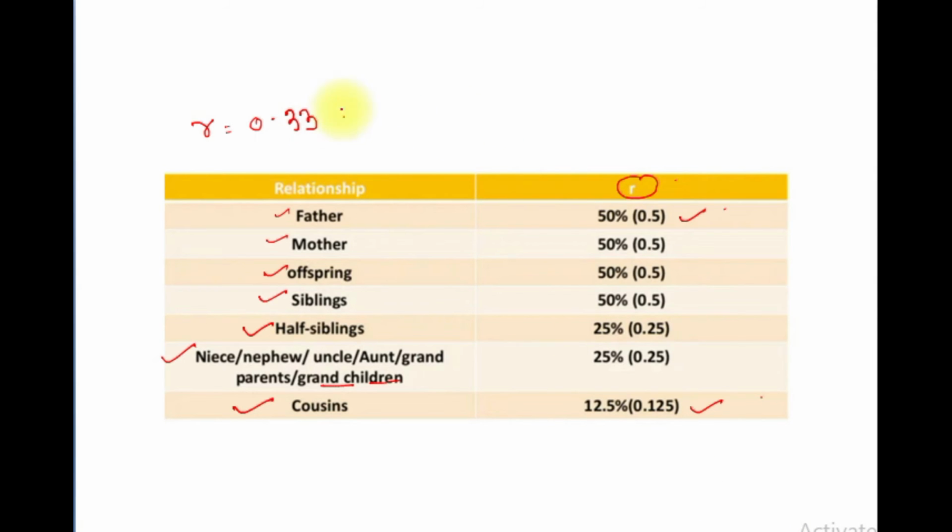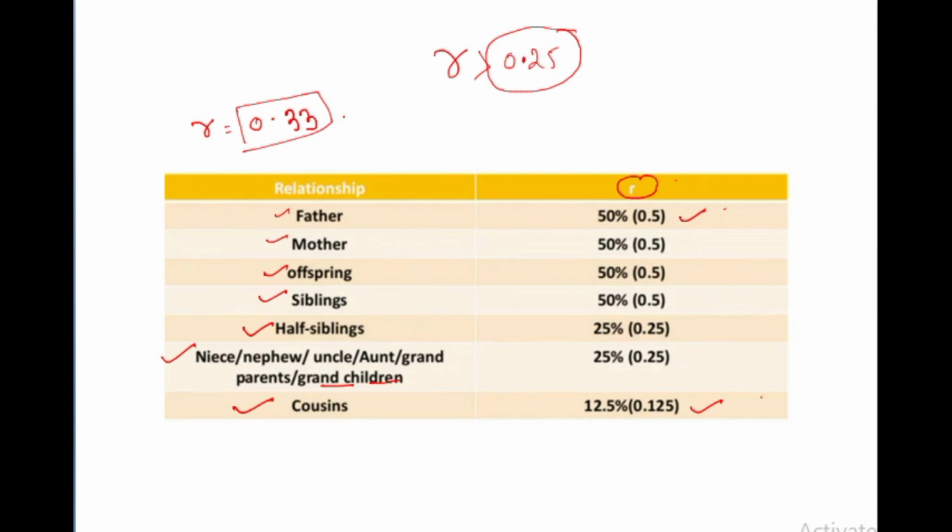What happens? r is greater than 0.25, so we cannot consider the relation of 0.25. We have to consider the relation given by 0.5 because it is nearly equal to 0.5. So the answer could be father, mother, offspring or siblings.